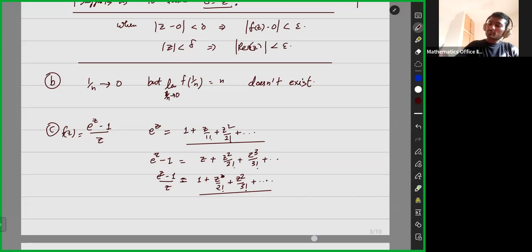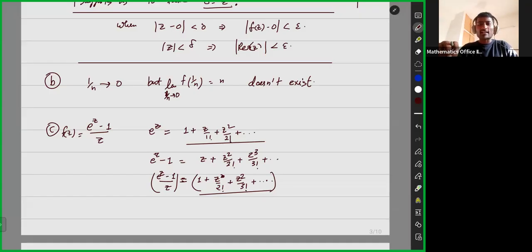Okay, so if you take z equal to 0 now, these two functions are equivalent. One side is a series, of course, but it is an absolutely convergent series. So as a function, these two functions agree on C minus 0.